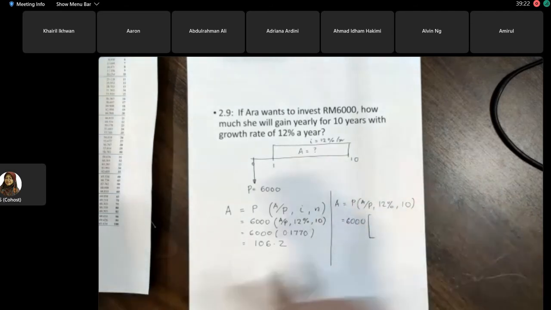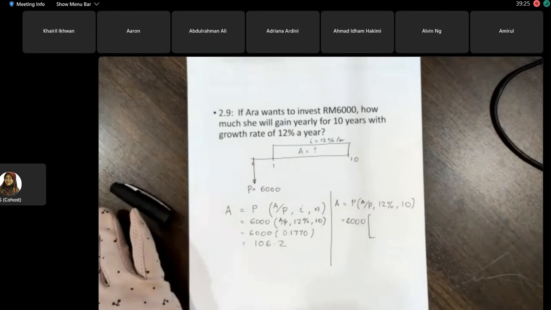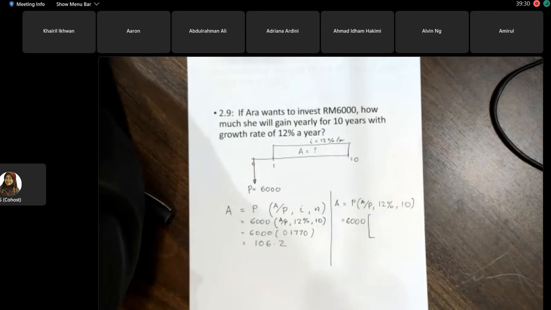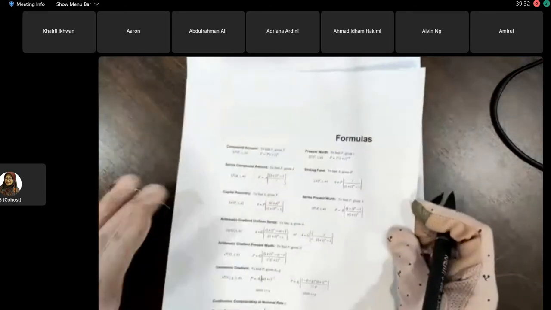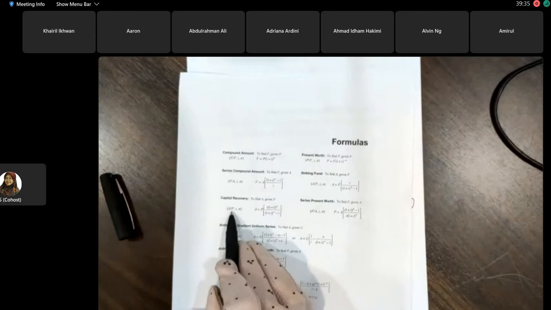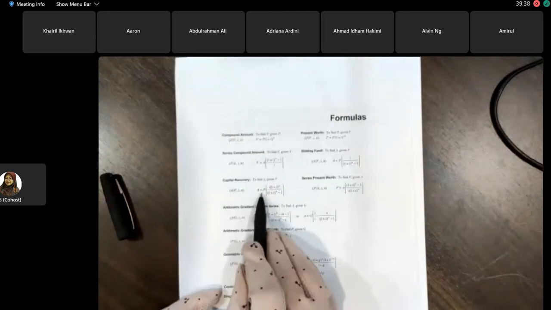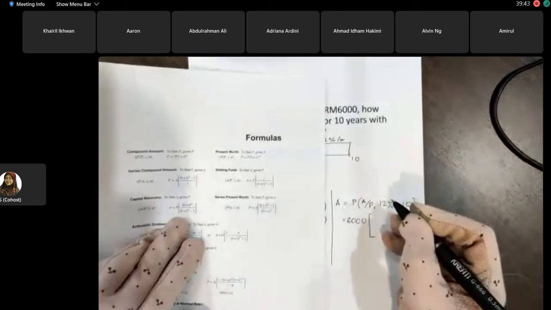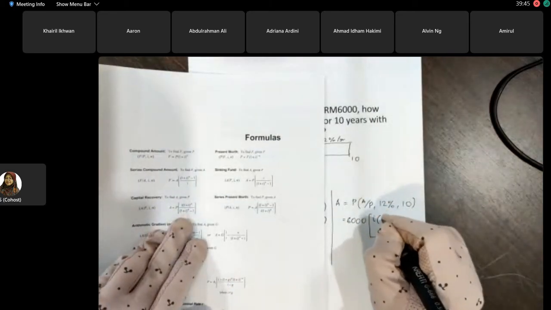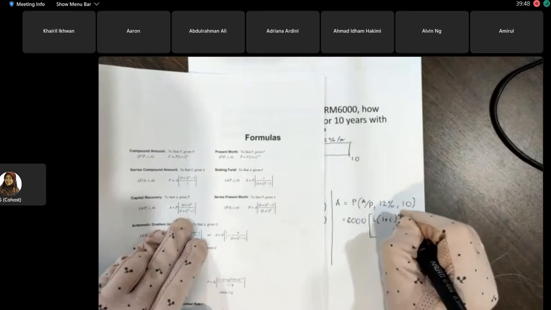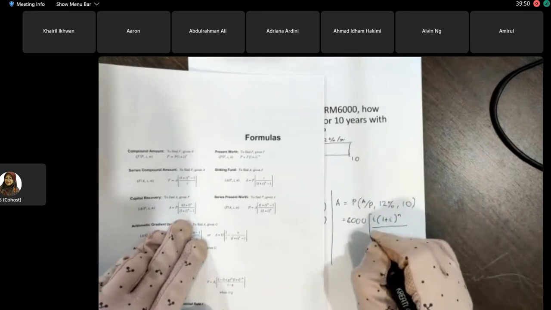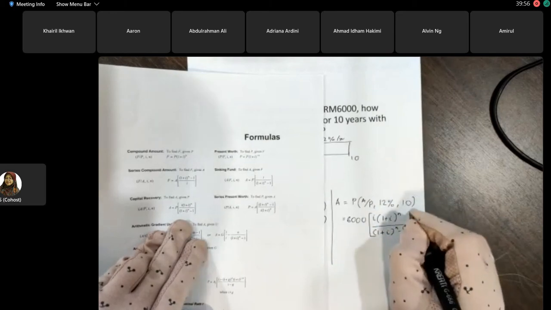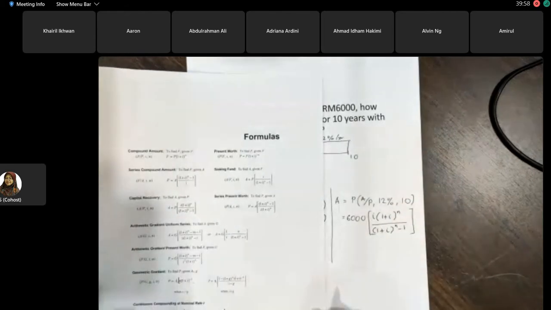The formula for A over P is i(1+i)^n divided by (1+i)^n minus 1.